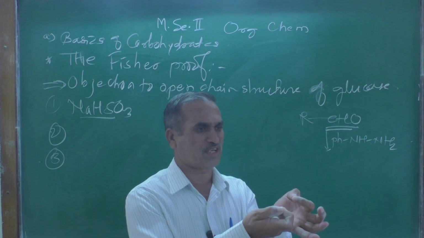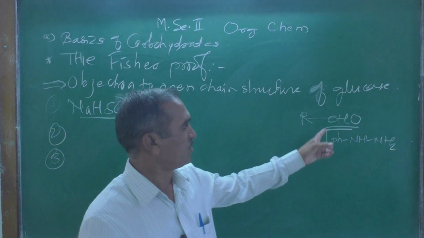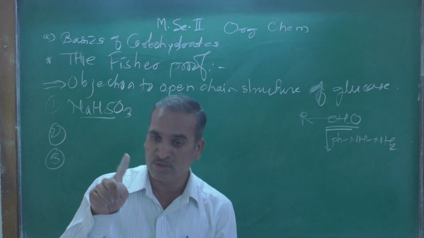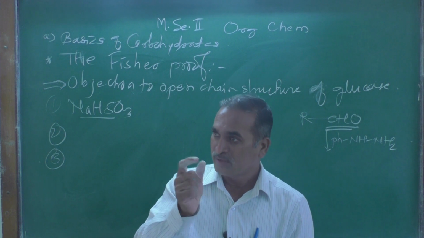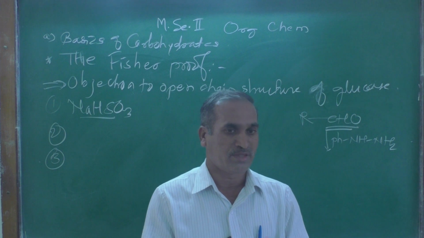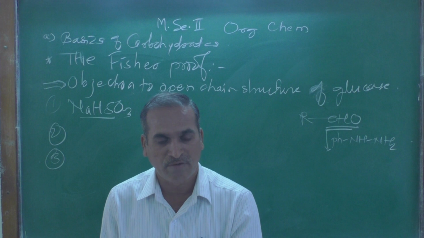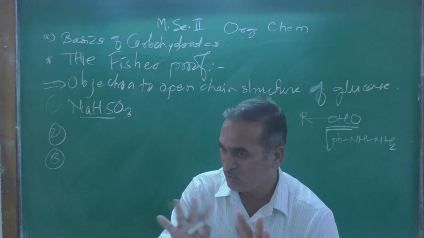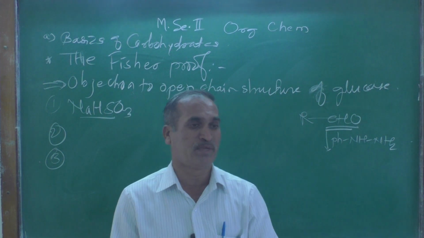Within a fraction of a second they react and you get a colored compound. If you remember, when glucose is treated with acetic anhydride, we get the penta-acetyl derivative of glucose, which is white in color with a sharp melting point.